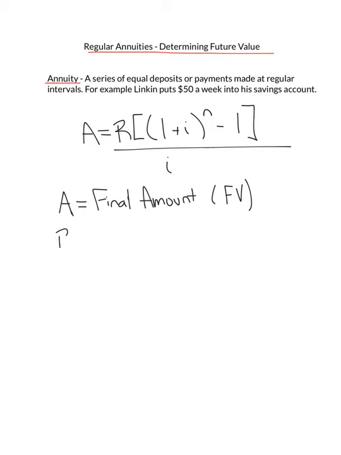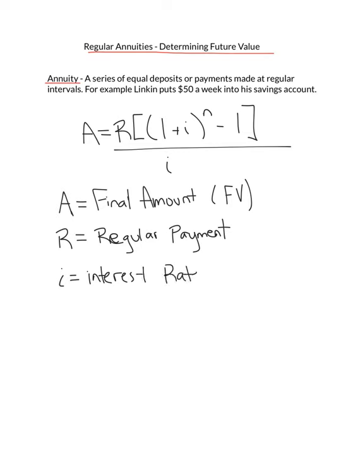Our R is new. Our R is taking the place of our old P, our old principal. Now we have an R that stands for the regular payment. So if I was thinking about that example above where Lincoln puts $50 into his savings account every week, 50 would be my R. Our I is still our interest rate, and we're calculating it in the exact same way: that percentage divided by 100 divided by our magic number.